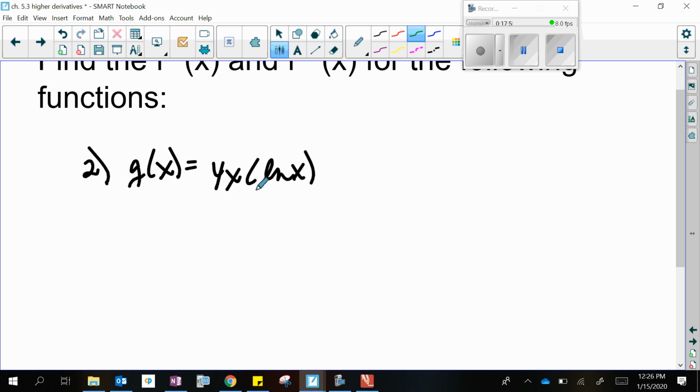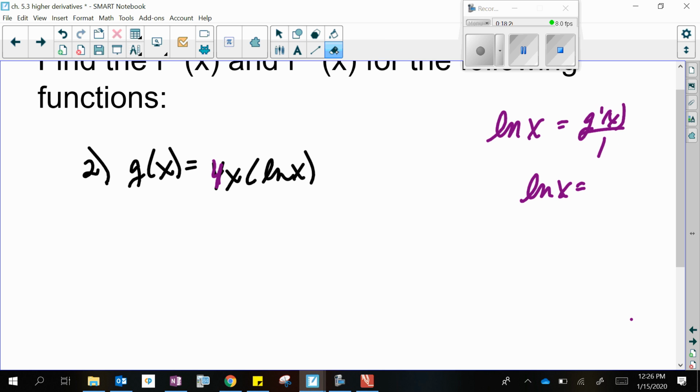Let's do this one. Again, I purposely put this one in there just to practice a little bit of our ln x rules. I will give you a little cheat sheet. So remember, the derivative of ln of x, you might remember what it was. You never did have to memorize it, but yeah, it's actually the derivative of the top over the bottom, but for just ln of x, it would be, no, sorry.